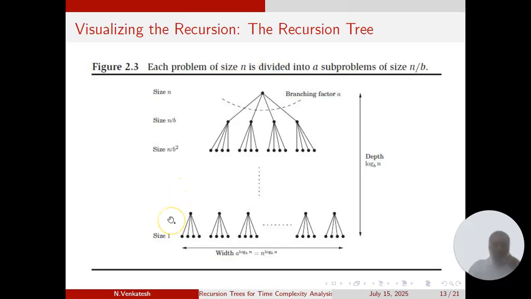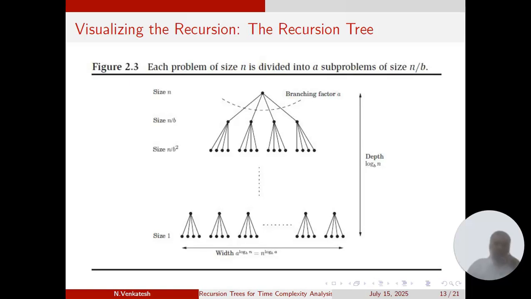Let us suppose at some depth d you have n by b power d equal to 1. That is where you get the base case.